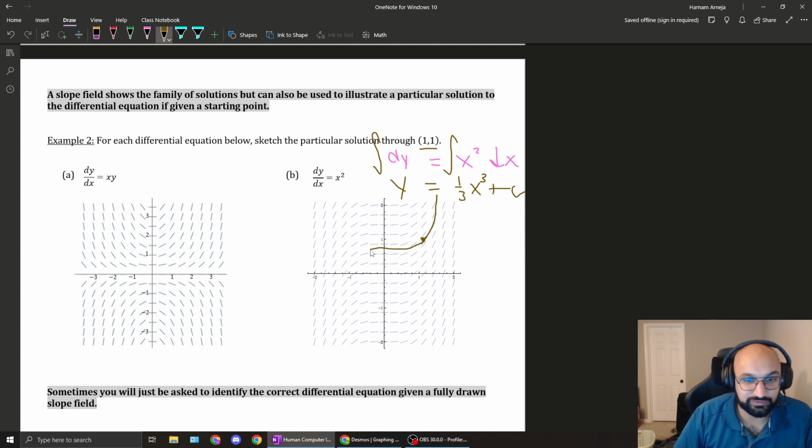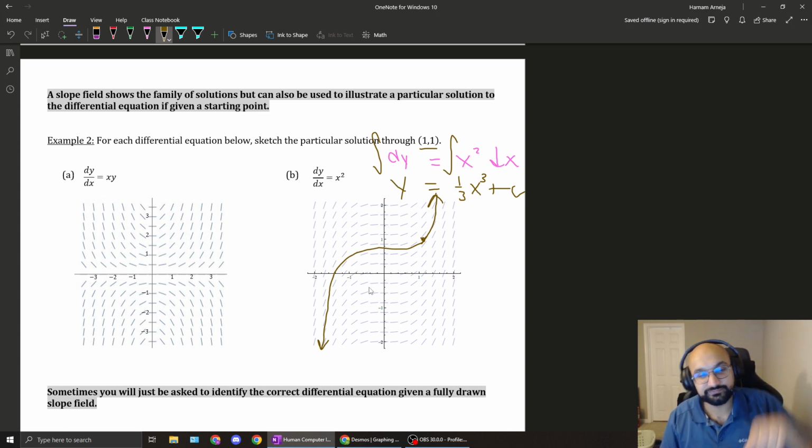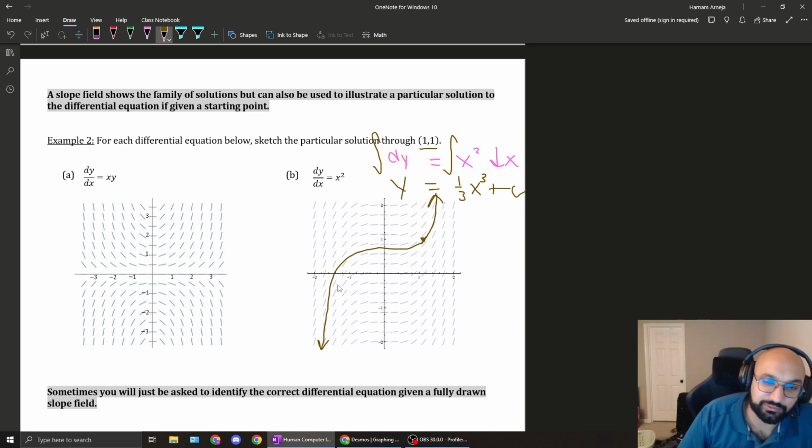Then it gets completely flat, then it goes down and goes very steep. The goal when you're drawing these is not to follow exactly the lines. You're not connecting the exact lines together, but you're just following the pattern. So the slope field just generates a visual representation of all the various versions of what plus c looks like.